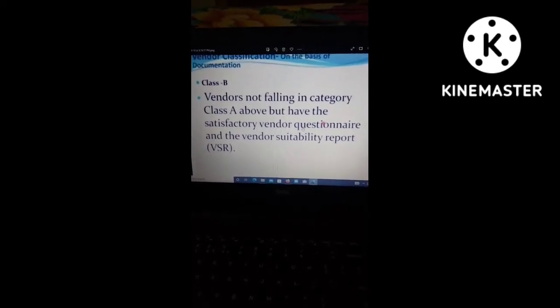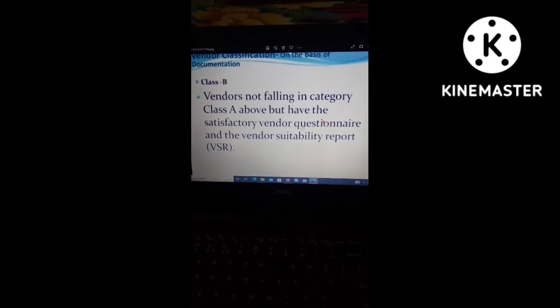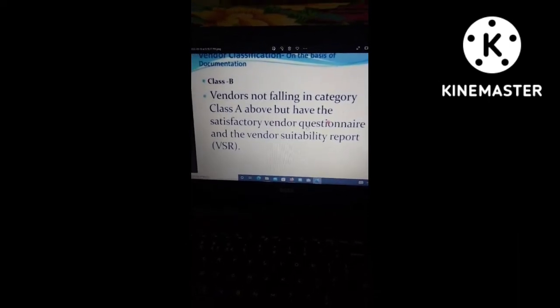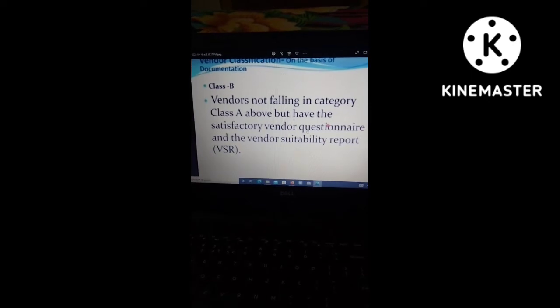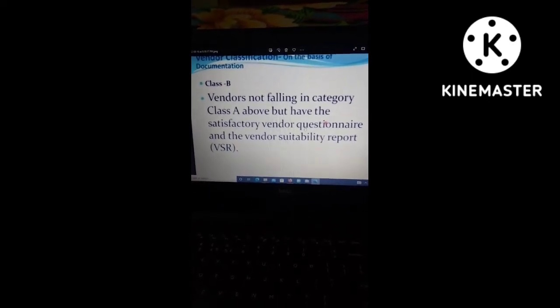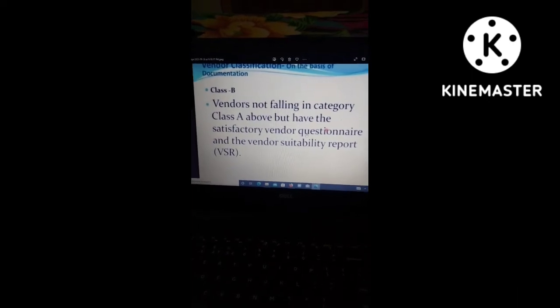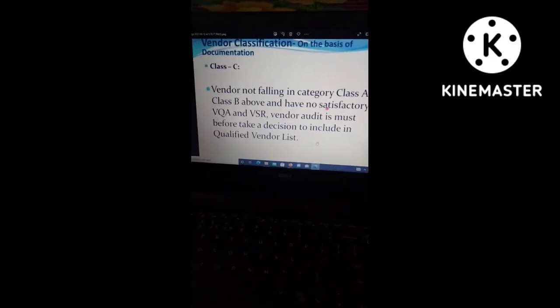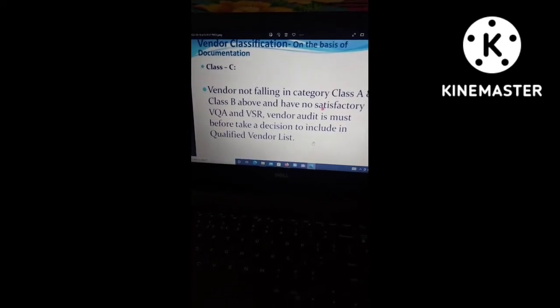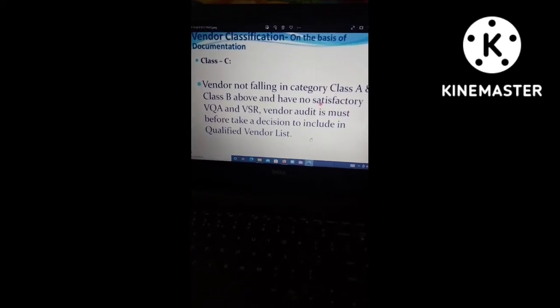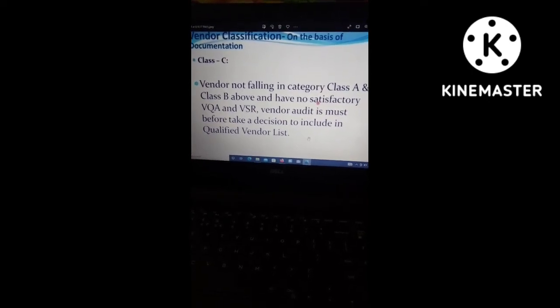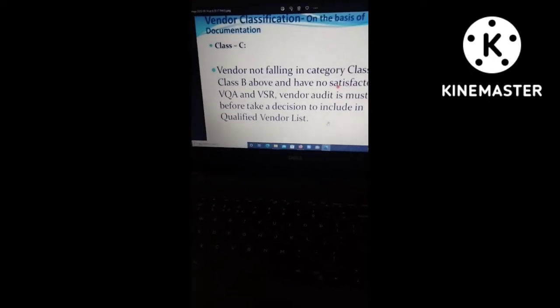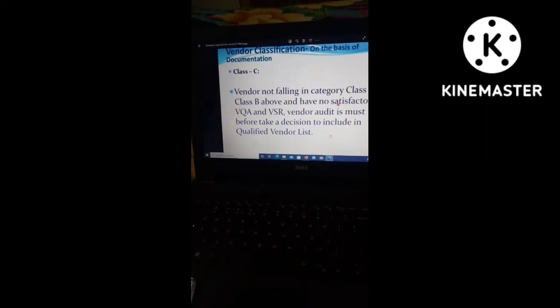Whenever the vendor has satisfactory questionnaires and vendor suitability report, then only it should be considered a class B vendor. That means it doesn't have the regulatory inspections. This is class B. So class C means other than class A and class B. Class A can have the regulatory inspections and class B can have the satisfactory vendor report, the vendor suitability report.